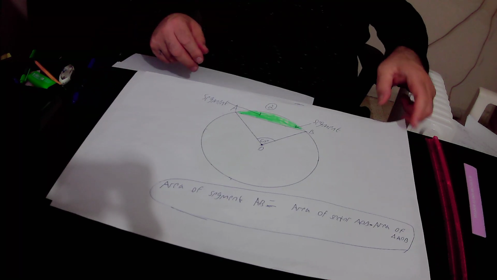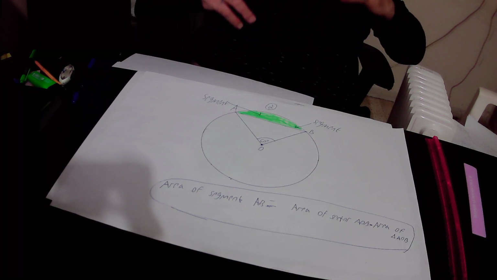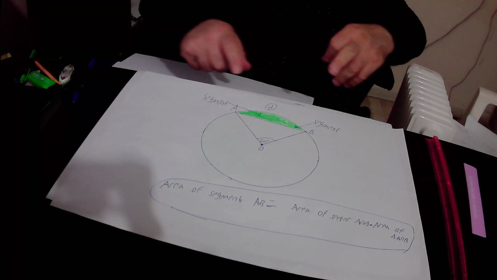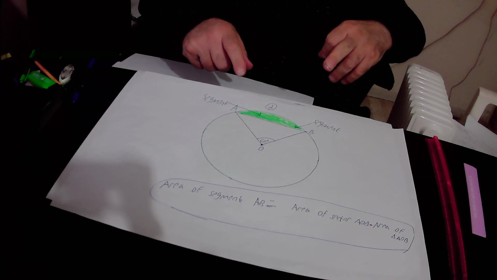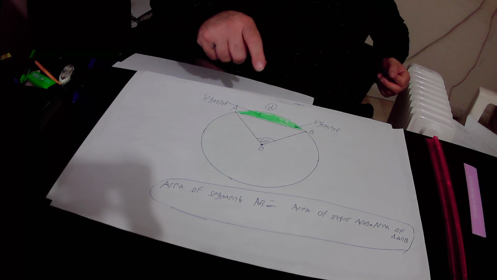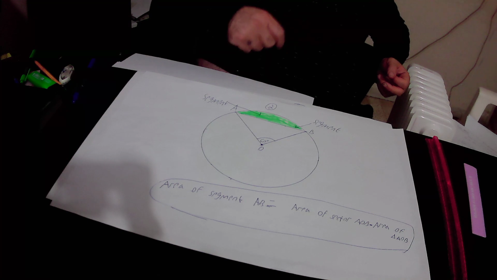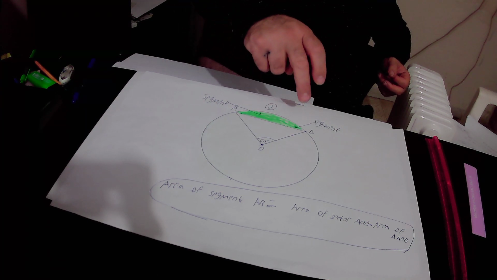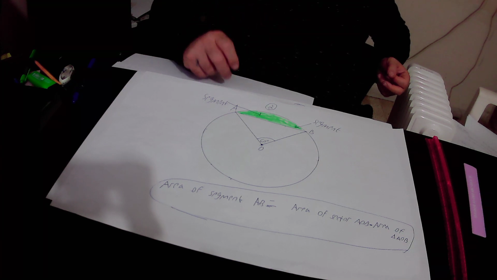Segment is the area inside the circle that is bounded by the chord and by the arc that is attached to that chord. So here segment AB is the area that is bounded between chord AB and arc AB.